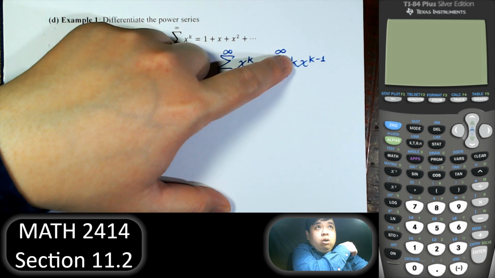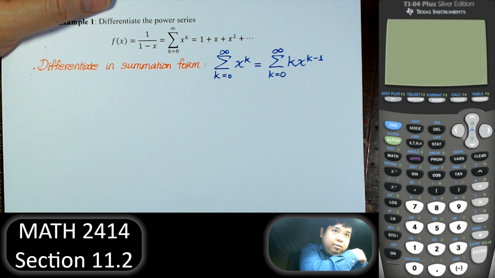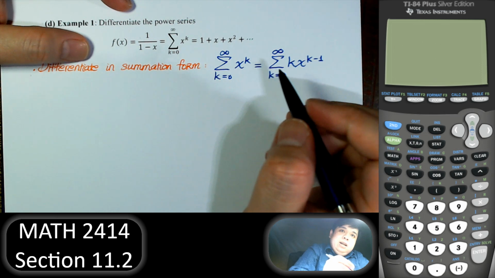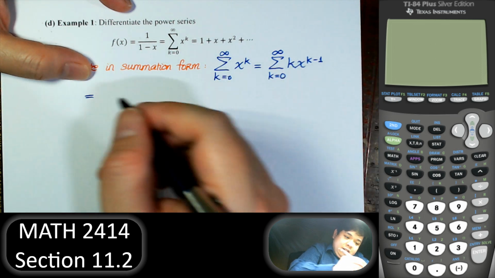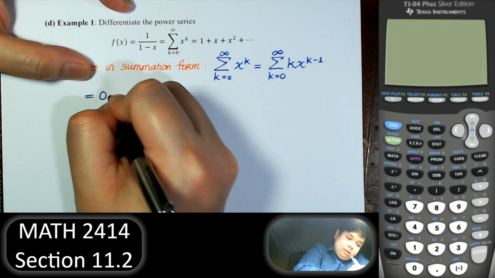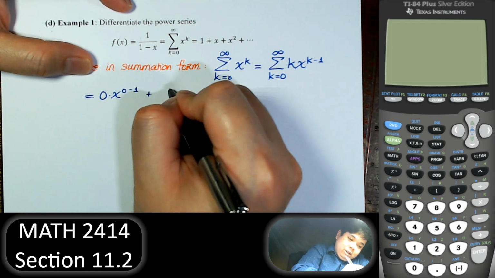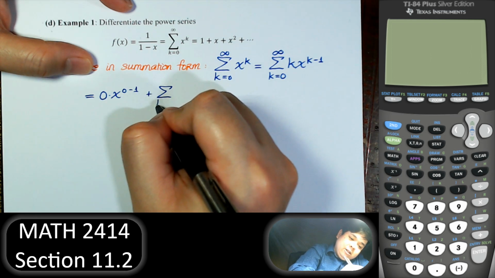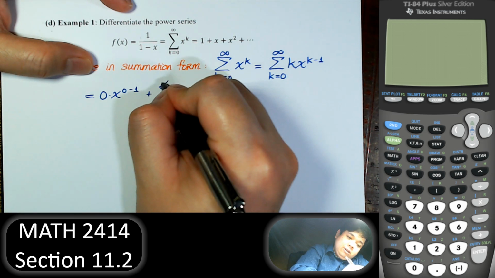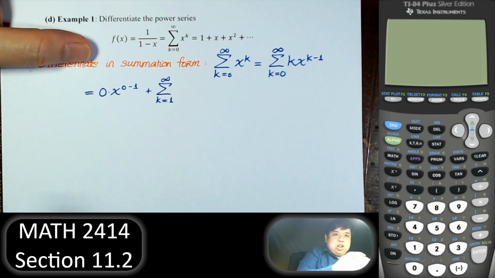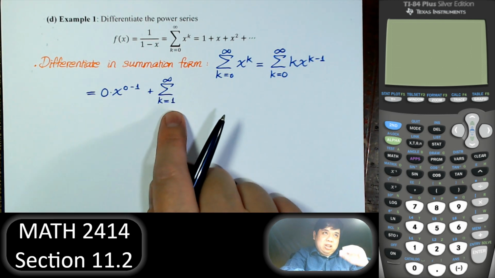When k equal to 0, if you put 0 in here, what do we have? We're going to have 0 times x to the 0 minus 1, right? And then we can continue the series starting from 1. So in that case we just split out one term when k equal to 0, and then after that the series will continue from 1 up.